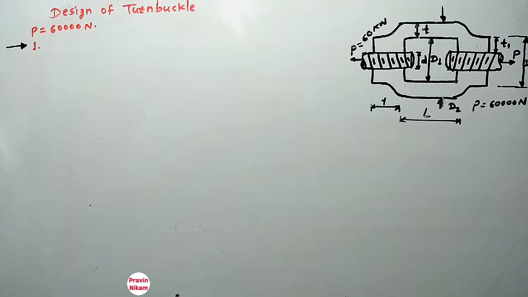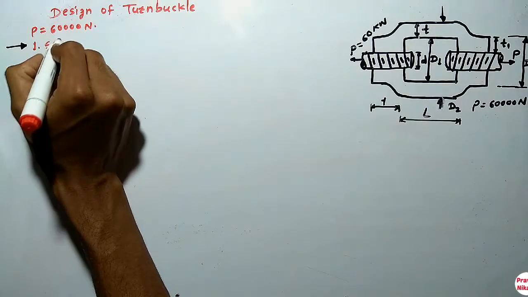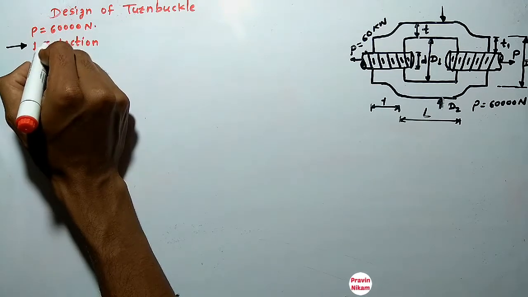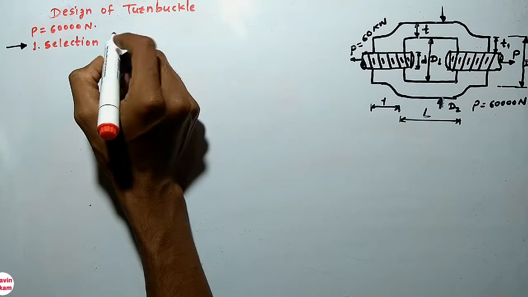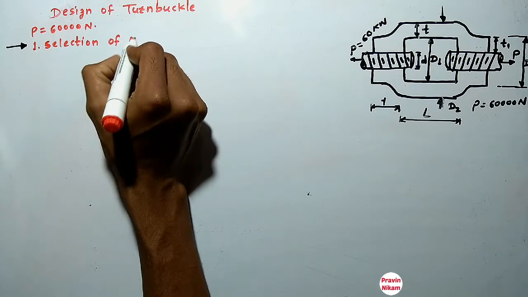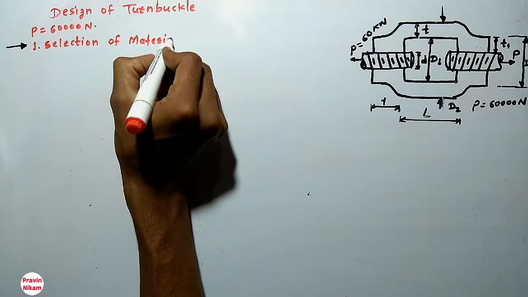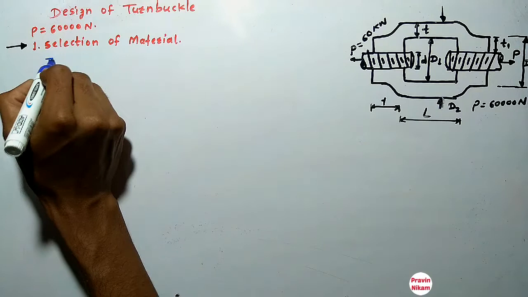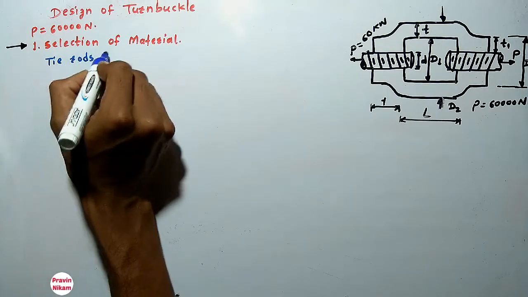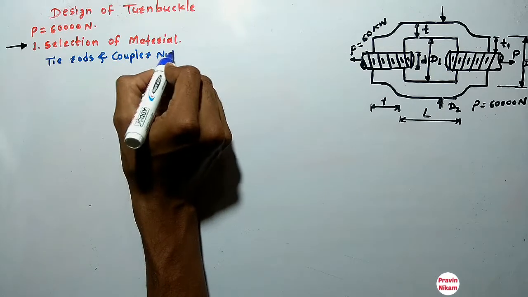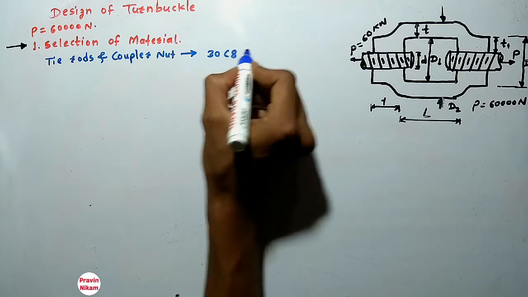So the first step in the design of any machine component is selection of material. In the design procedure we have seen which material is used for which part of a turnbuckle. We know that for tie rods and coupler nut, plain carbon steel of grade 30C8 is used.